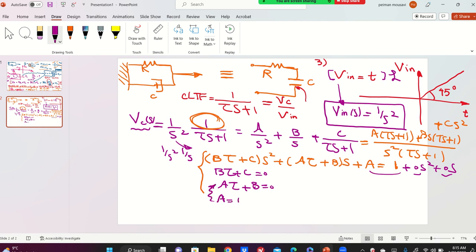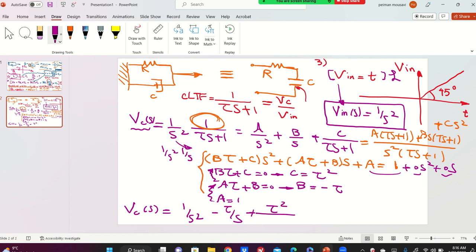If you put this here, you get B equals minus tau, and if you put this B here, you get C equals tau squared. So we found the coefficients. So the voltage of the capacitor based on the ramp input is going to be 1 over s squared minus tau over s plus tau squared over tau s plus 1.